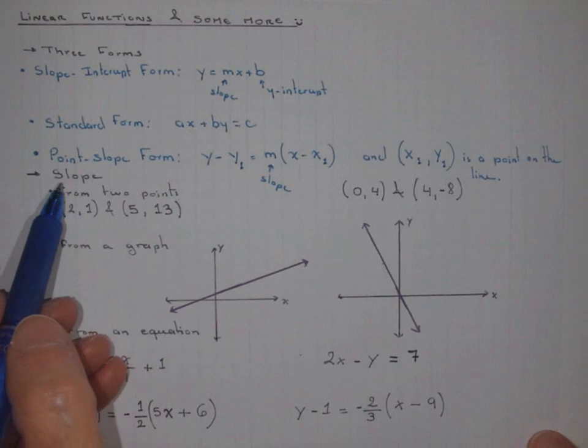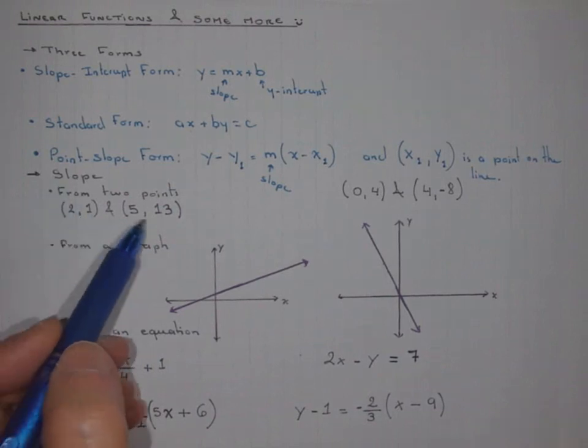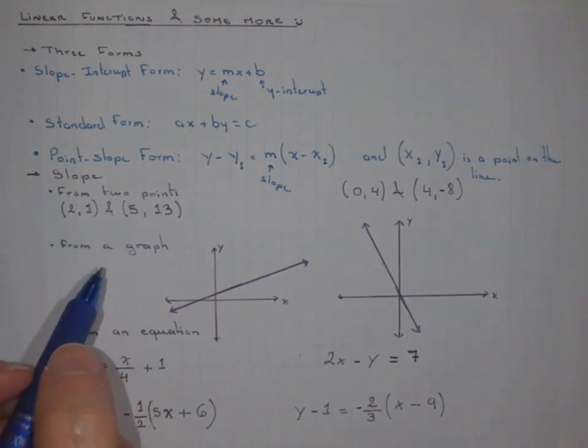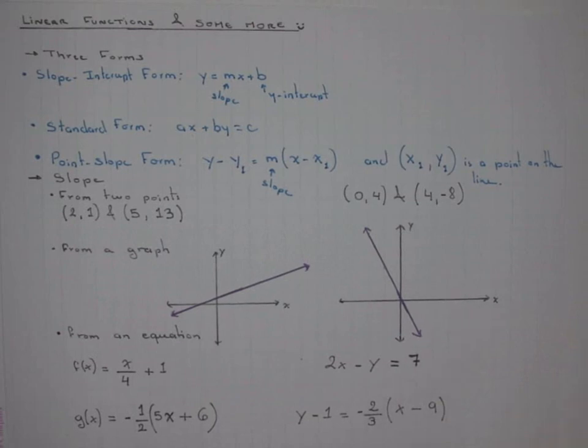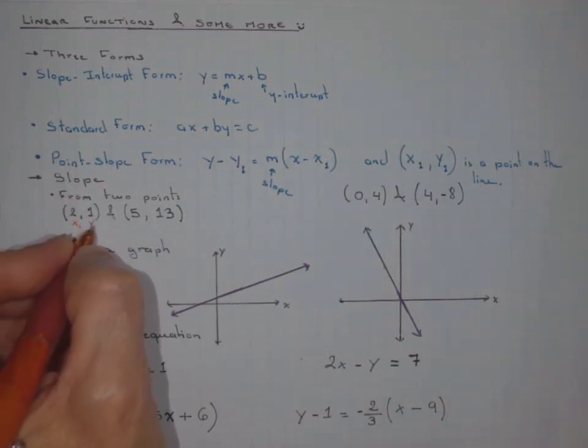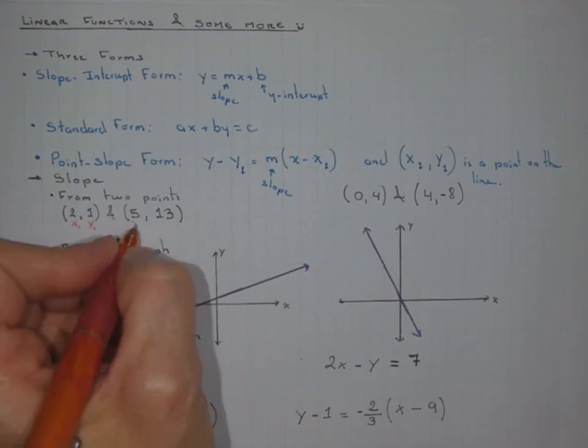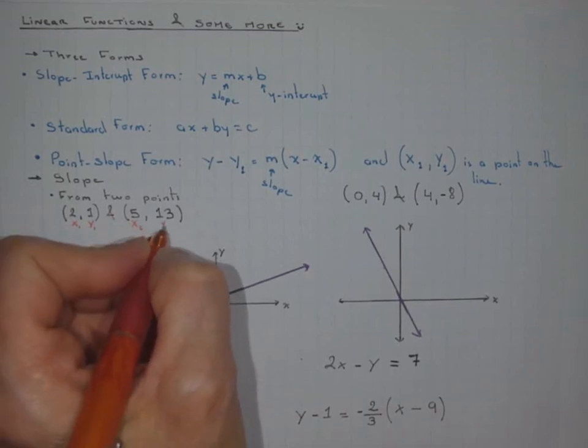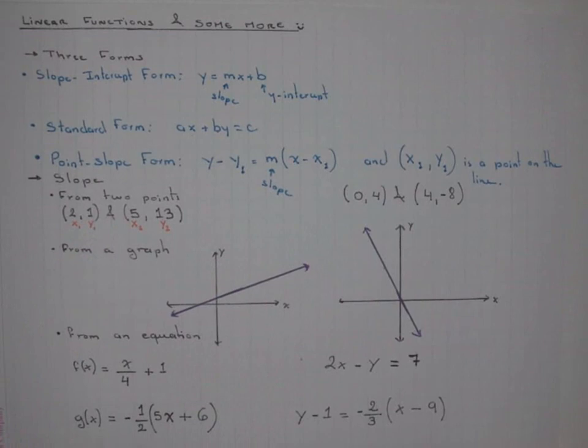So now, how can we find the slope when we're given two points? I'm going to change colors. If we're given two points, I'm going to call the first point (x1, y1) and the second point (x2, y2). It doesn't really matter which one you pick as your first point and which as your second, as long as you're consistent when you set up your formula.